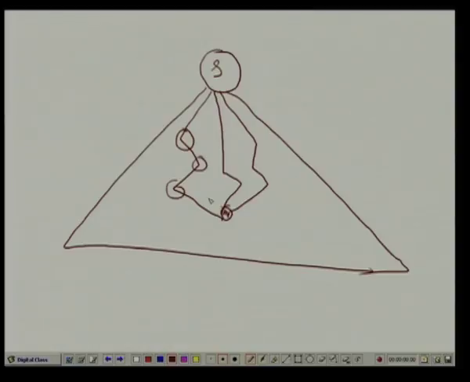Now, in the case of a rule based system, how is the search space defined? How is the search space defined in a rule based system? Let us see.